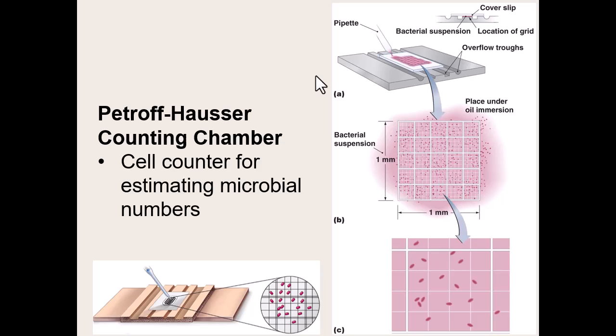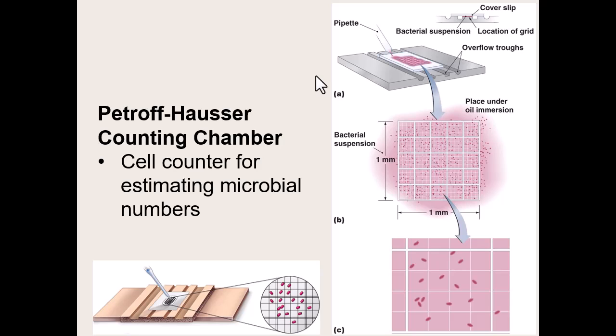So we know exactly, like if here's my slide, I put a drop right here, and then I put a cover slip that's going to flatten it. Here's my drop, here's my cover slip. We know exactly how much fluid is in there. I know there's 0.1 milliliters between that cover slip and the slide.